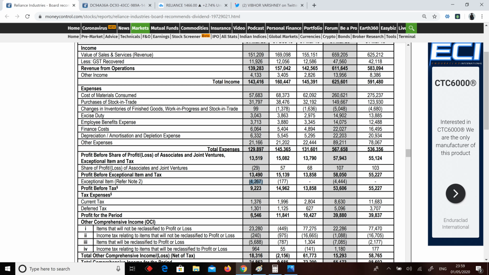If we add both 6500 and 4267, that makes more than 10,700, which is still far better than the last one. What is the exceptional item? You can refer to note 2, which I was reading, that says it is because of COVID influence, which has hit Reliance's profitability.